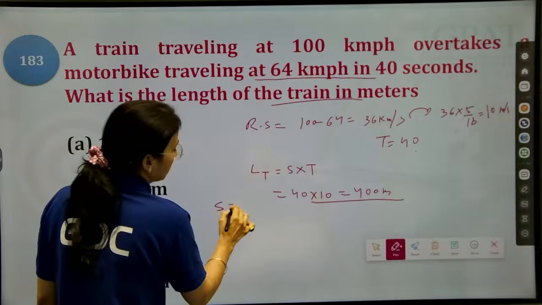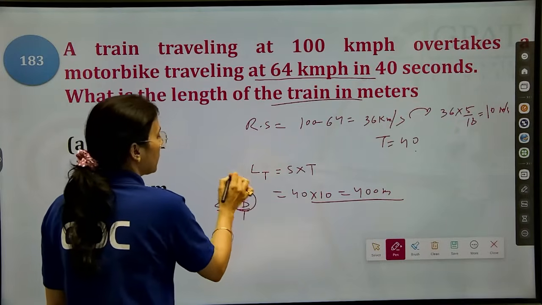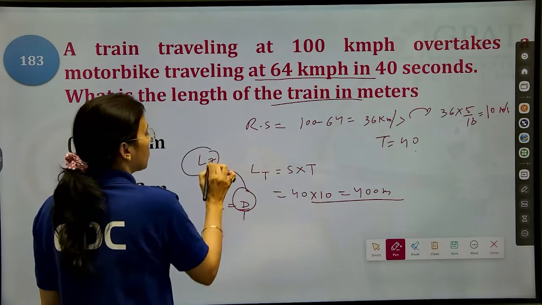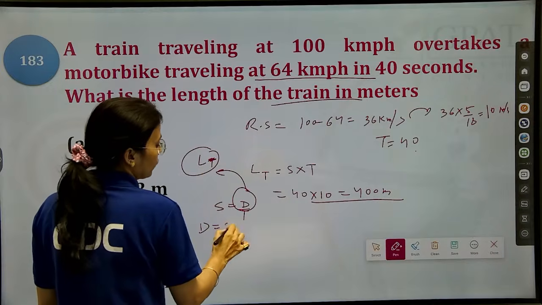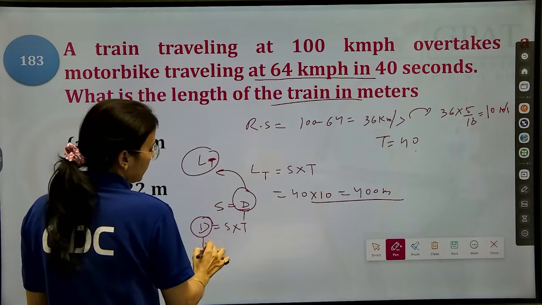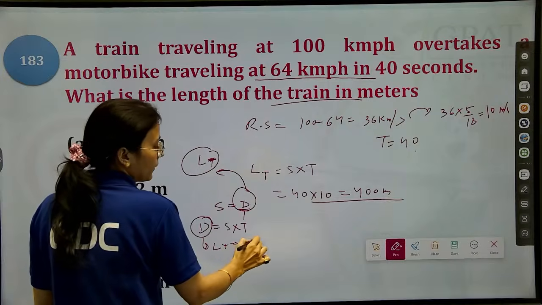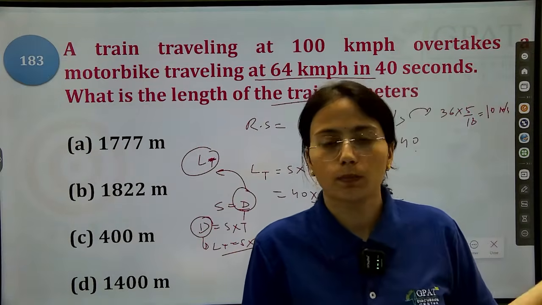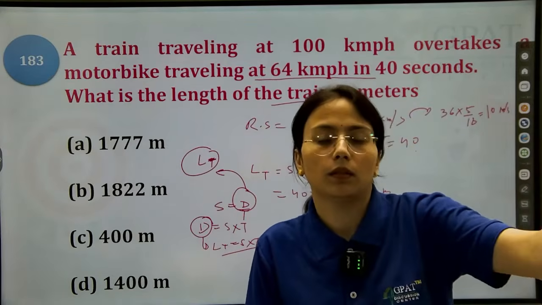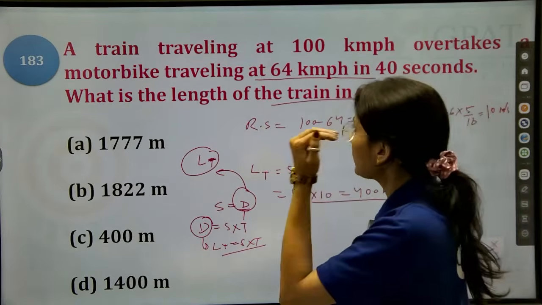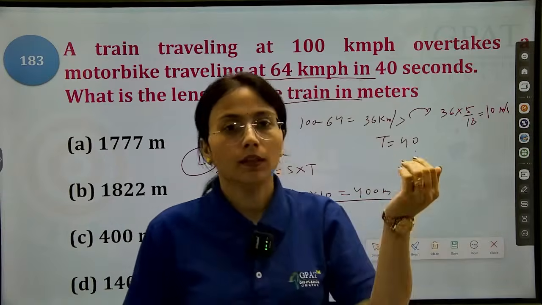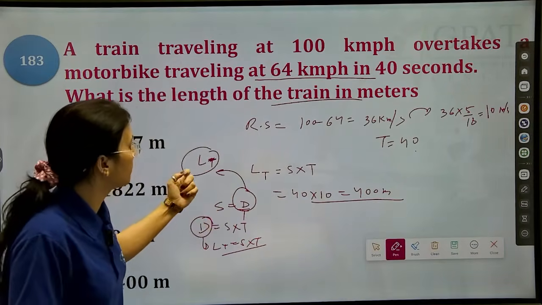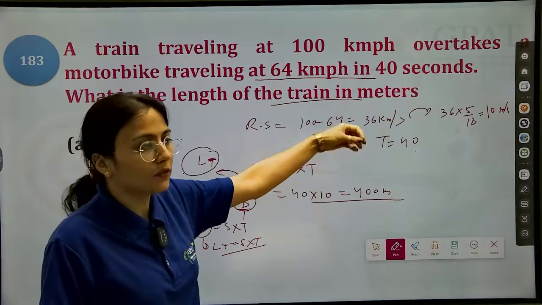As we know, speed is equal to distance upon time. In a train question, the distance is the length of the train, so the length of the train is speed into time. We find the speed with the help of relative speed. In the same direction, we use the minus sign, v1 minus v2.